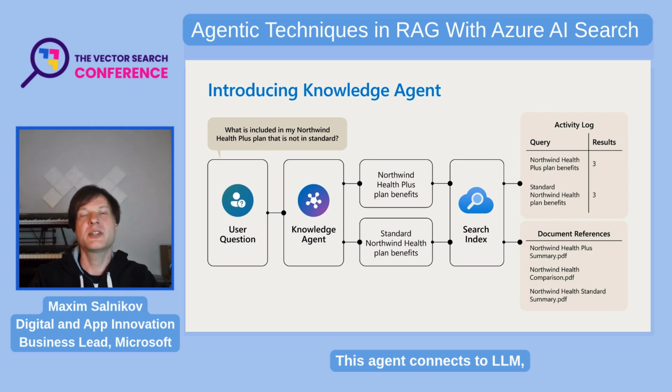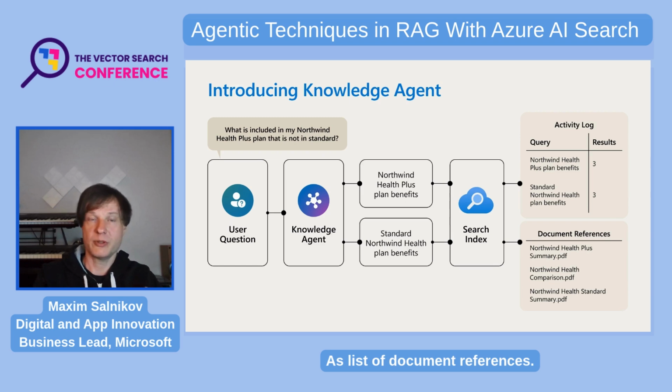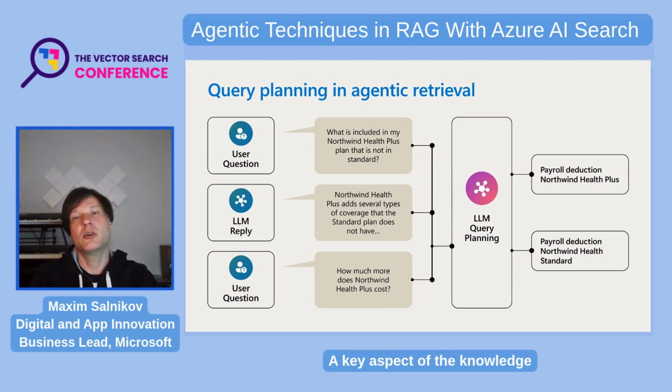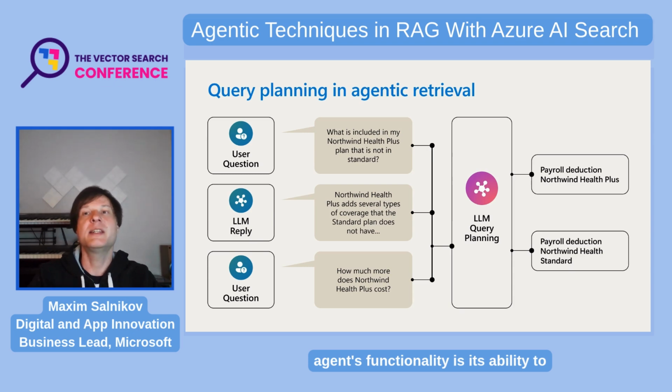This agent connects to an LLM, processes conversation history, performs planning, executes parallel queries, and delivers results in two ways: as a list of document references, similar to standard search results, and an activity log, which transparently details the query planner's actions, including cost and execution time metadata. A key aspect of the knowledge agent's functionality is its ability to consider the entire conversation history, not just the most recent message.